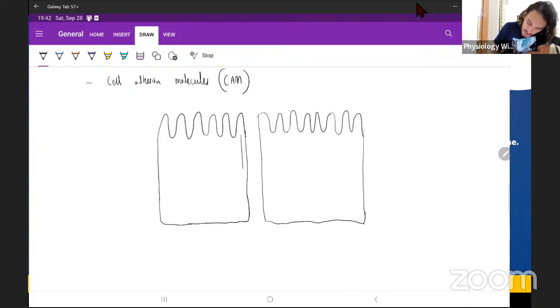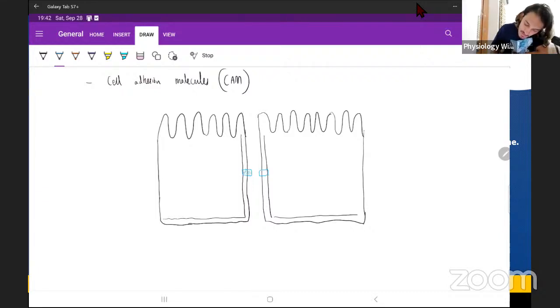Now I'll just put the bilayer membranes just for your understanding. Okay. So I'm going to put certain integral proteins on either side. So this integral protein which is there, which is kind of jutting out like this.